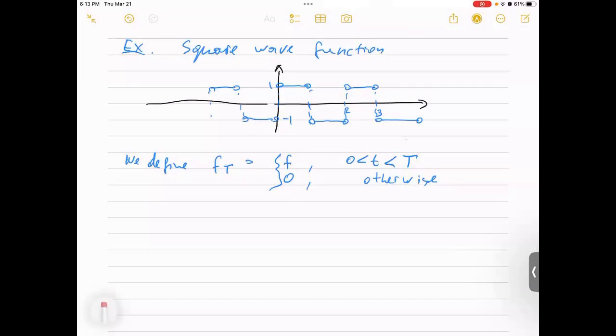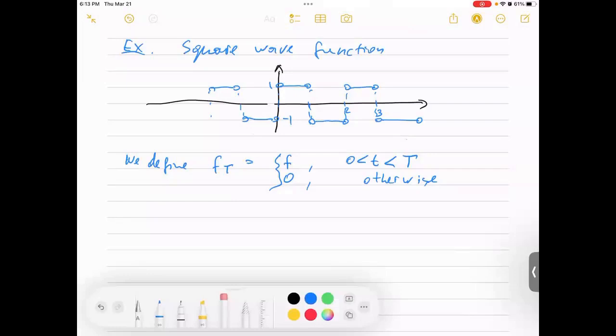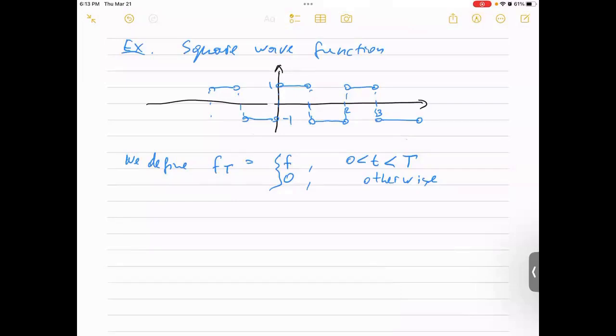So we'll calculate the Laplace transform of that one period of function f of t.